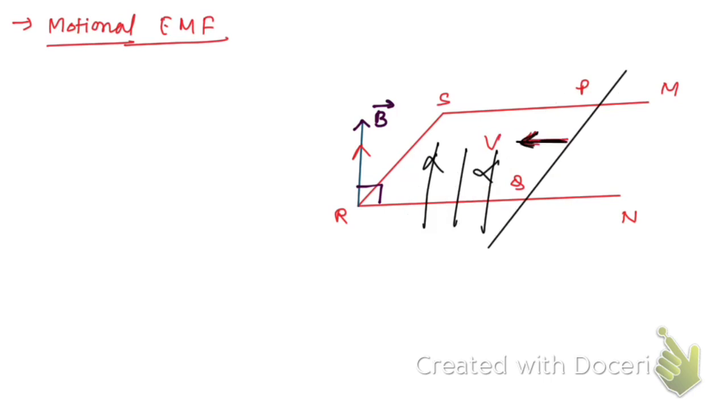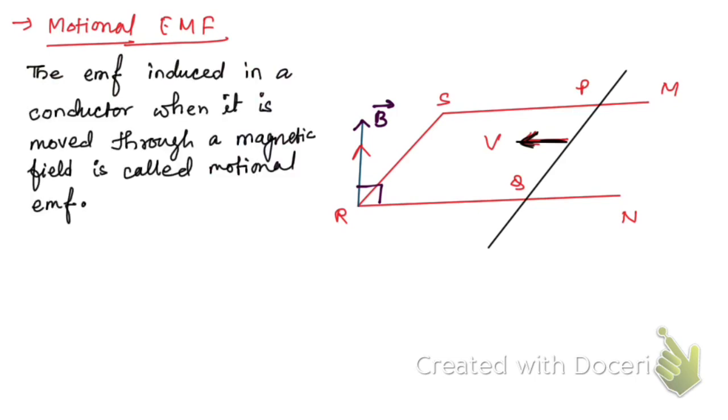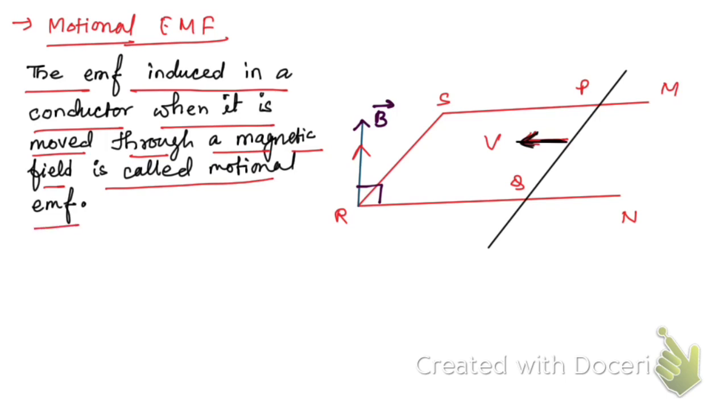Due to the change in flux, there will be an induced EMF in this rod, and that EMF is called motional EMF, which is produced due to the motion of this arm. Now let me write that definition. The EMF induced in a conductor when it is moved through a magnetic field is called motional EMF. That is the definition.